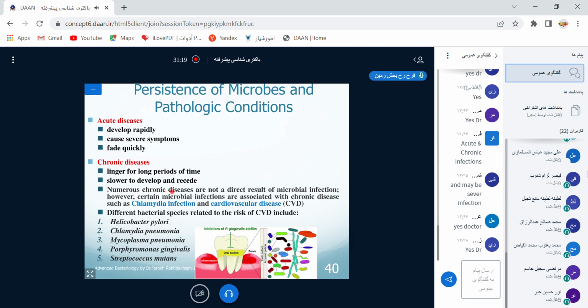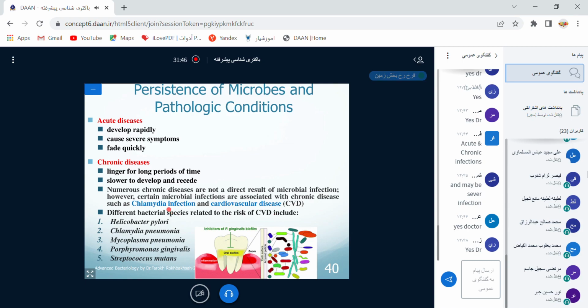Numerous chronic diseases are not a direct result of microbial infection. However, certain microbial infections are associated with chronic disease, such as chlamydia infection and cardiovascular disease, CVD.